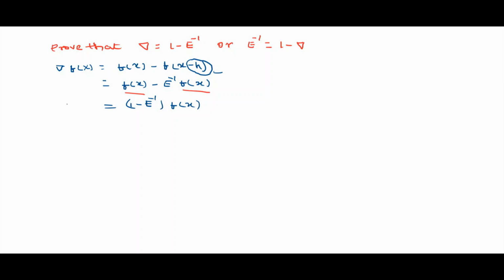Here the left hand side term is del f of x, and on both the sides f of x cancels, so we are left with del is equal to 1 minus e raised to minus 1, or we can also write it as e raised to minus 1 is equal to 1 minus del. Both are one and the same.